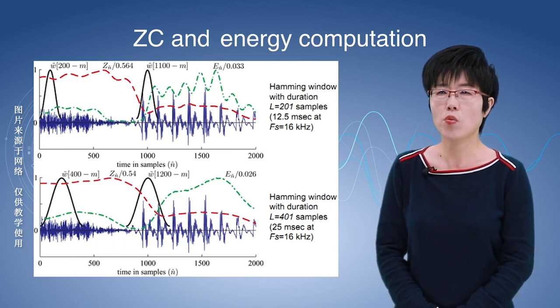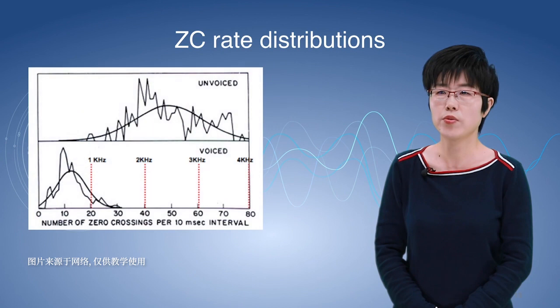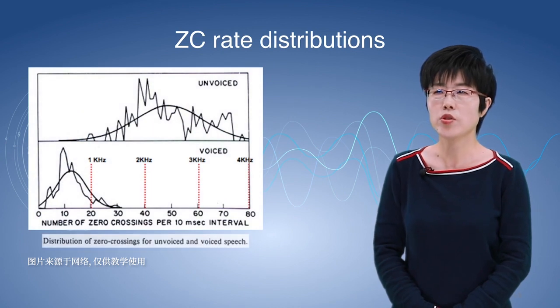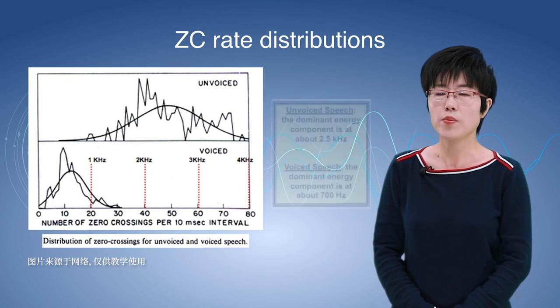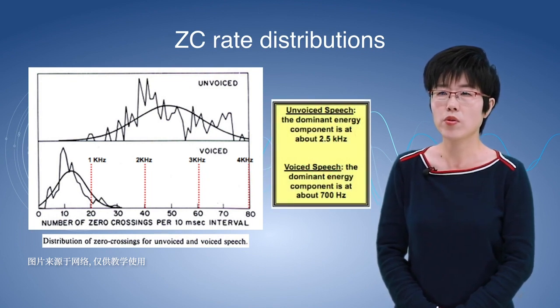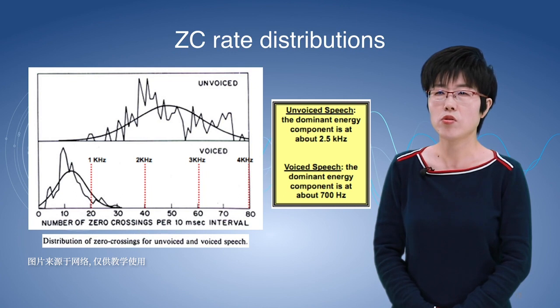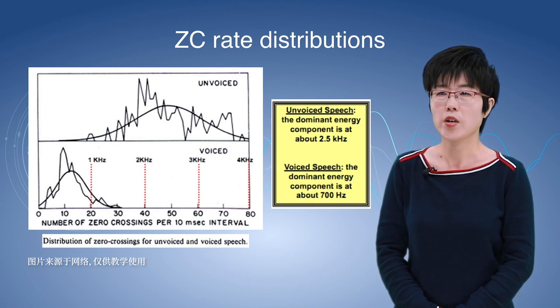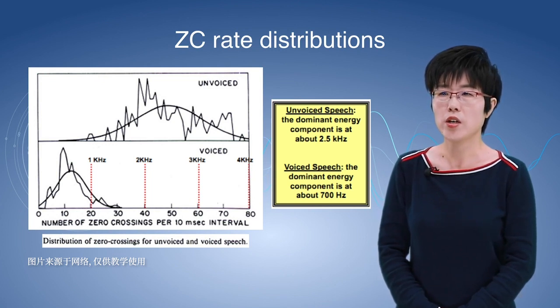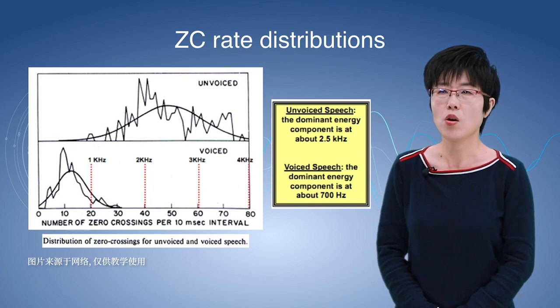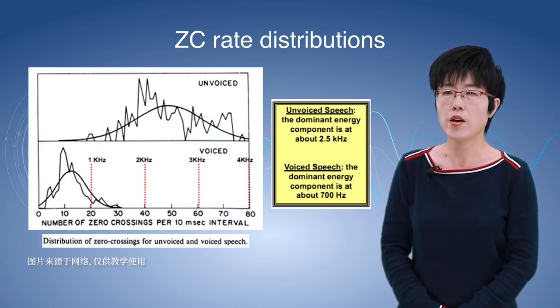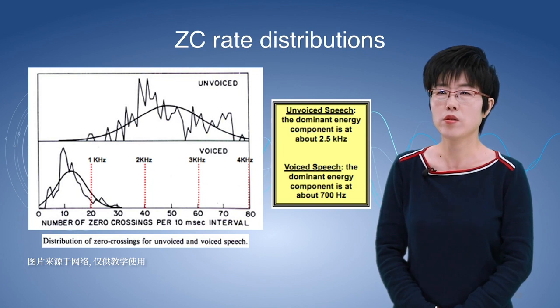When the frame or window length L is increased, the functions become smoother. As shown in the ZC rate distributions, for voiced speech, energy is mainly below 1.5 kHz, and the dominant energy component is at about 700 Hz. For unvoiced speech, energy is mainly above 1.5 kHz, and the dominant energy component is at about 2.5 kHz.